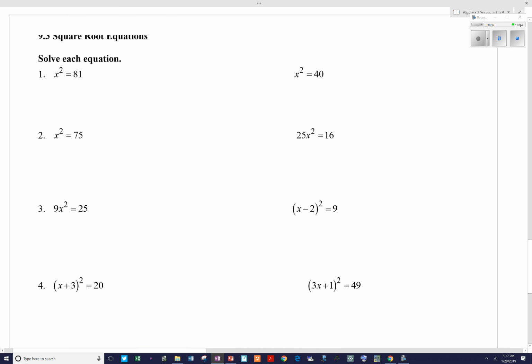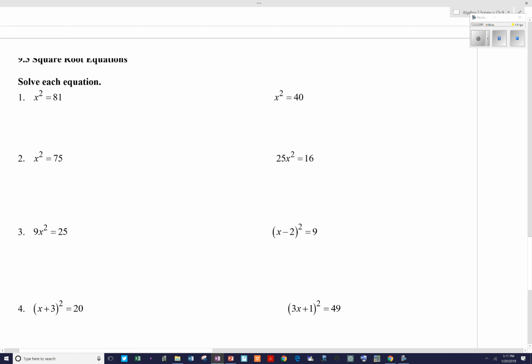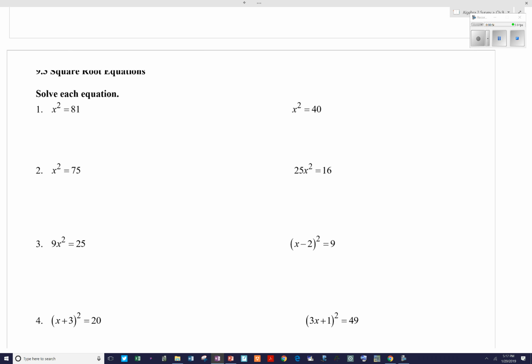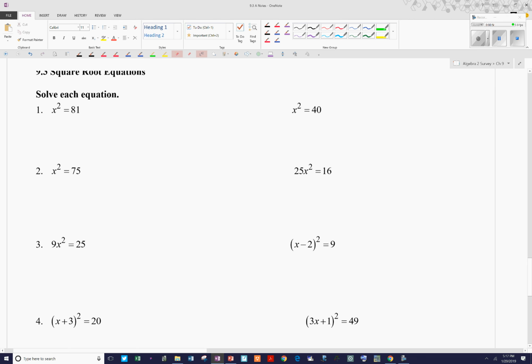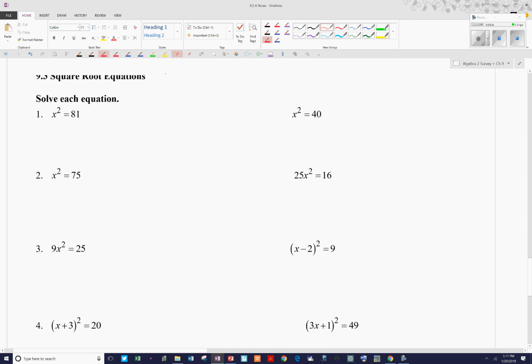So one thing I'd like you to put on the top here, to signify how we expect our answers to be, is we want our answers to all be exact, meaning we're not going to have any decimals in our answers in these equations. So we're going to have exact answers only. We'll talk about what that's going to entail in a second here.